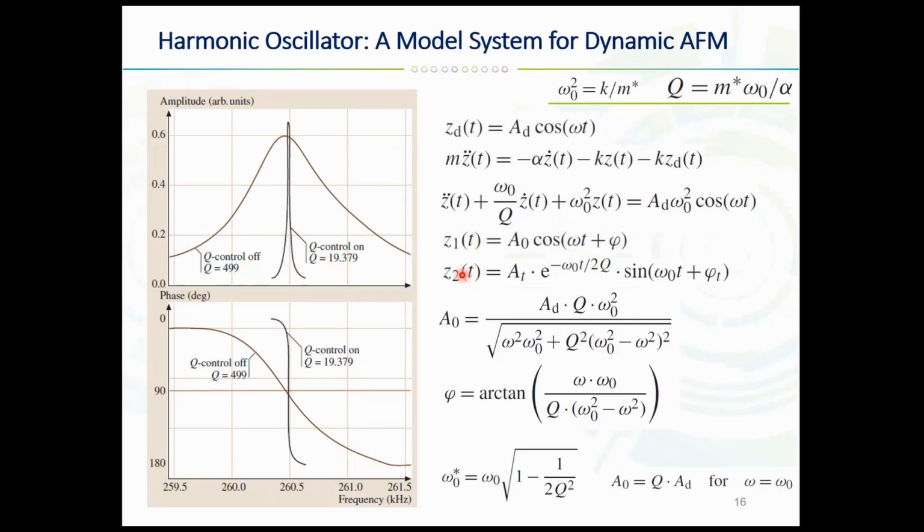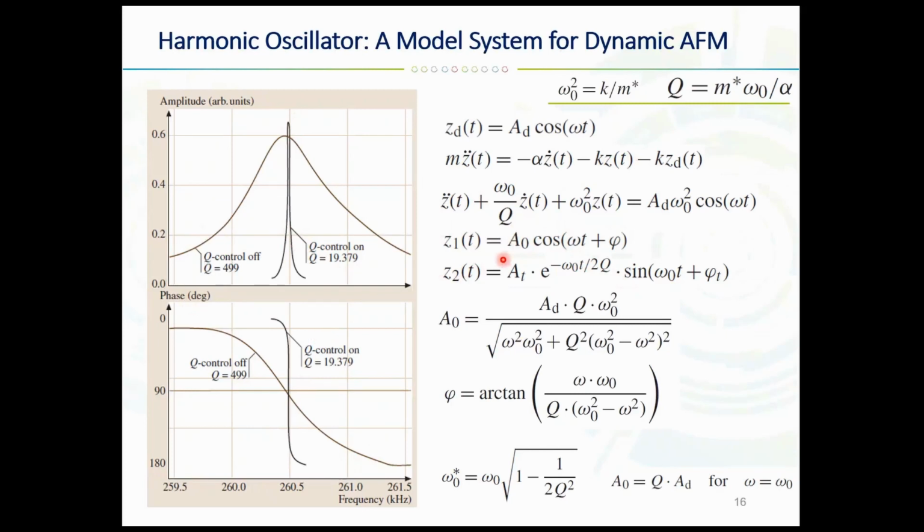So this will result in a relatively slow transient regime, which will limit the possible operational modes for dynamic AFM. That's why the quality factor value is quite important.